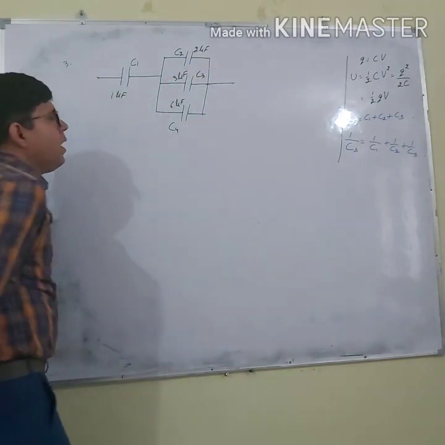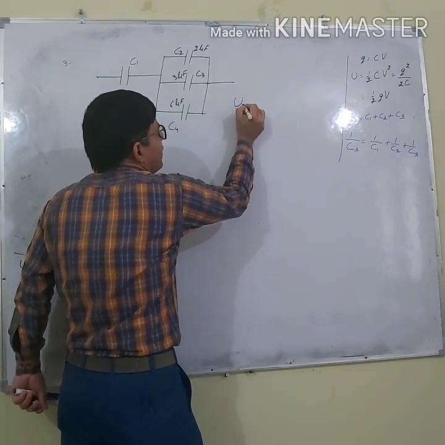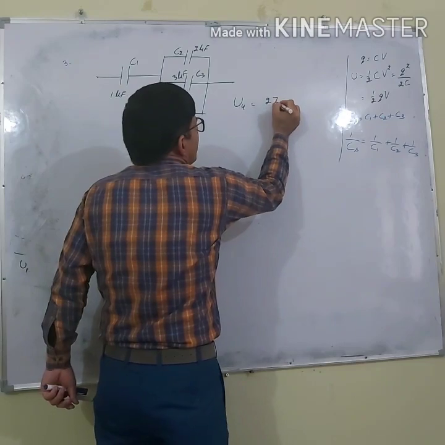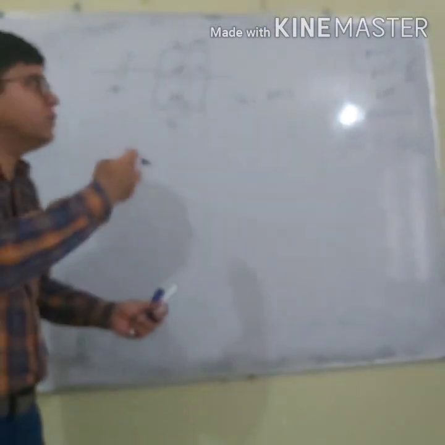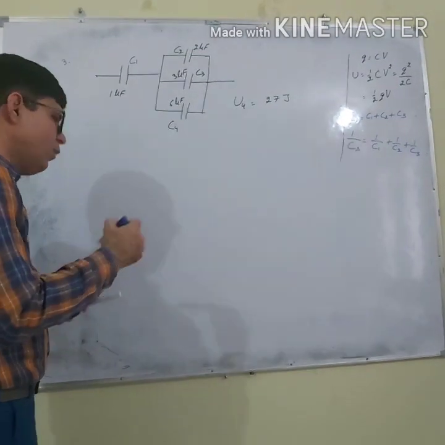Alright? Now, what am I given? I am given that the energy stored in the C4 capacitor is 27 joule. Energy stored in this capacitor is 27 joule. What do I have to calculate?